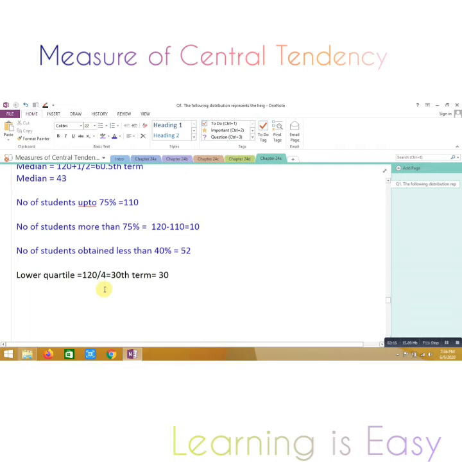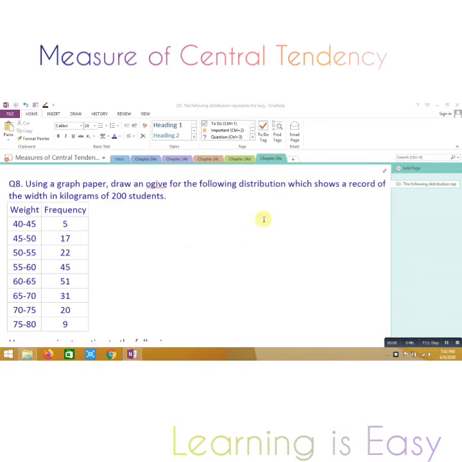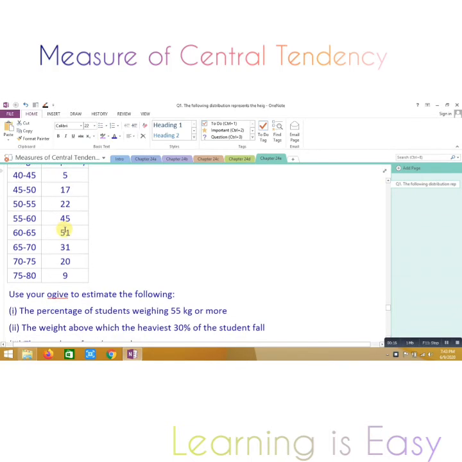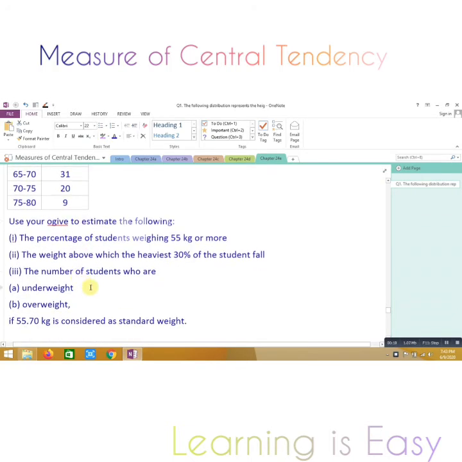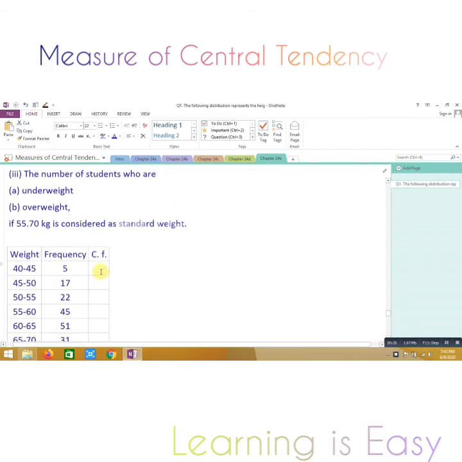Next question 8. So we need to again draw a cumulative frequency graph for the given weight and frequency of 200 students. First we'll find the cumulative frequency to draw a graph.